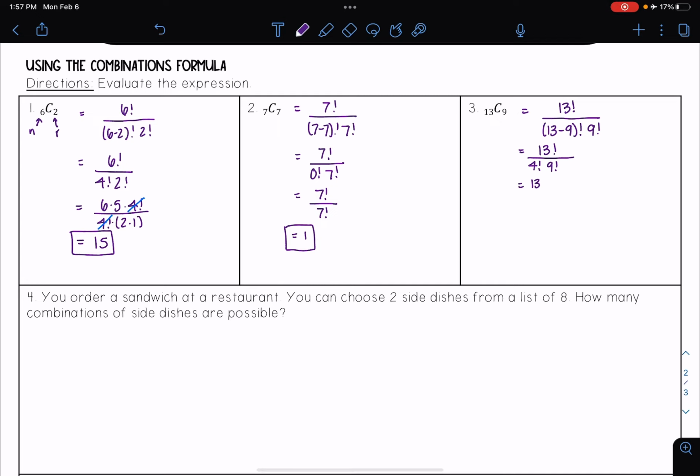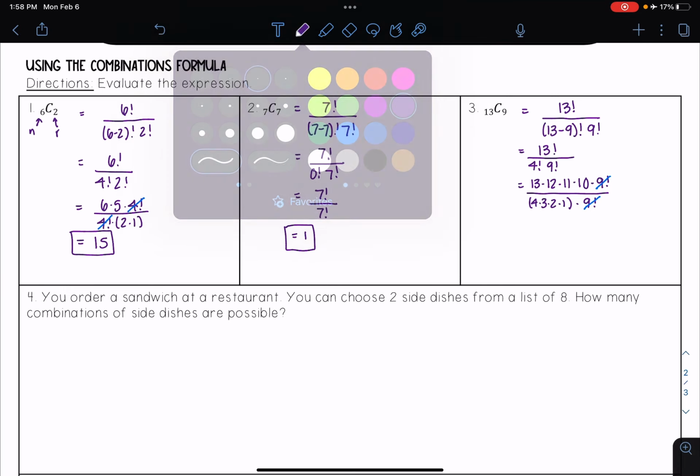So I have 13 times 12 times 11 times 10 times 9 factorial over 4 factorial, which is just equal to 4 times 3 times 2 times 1 times 9 factorial. And so I see my 9 factorials cancel out.